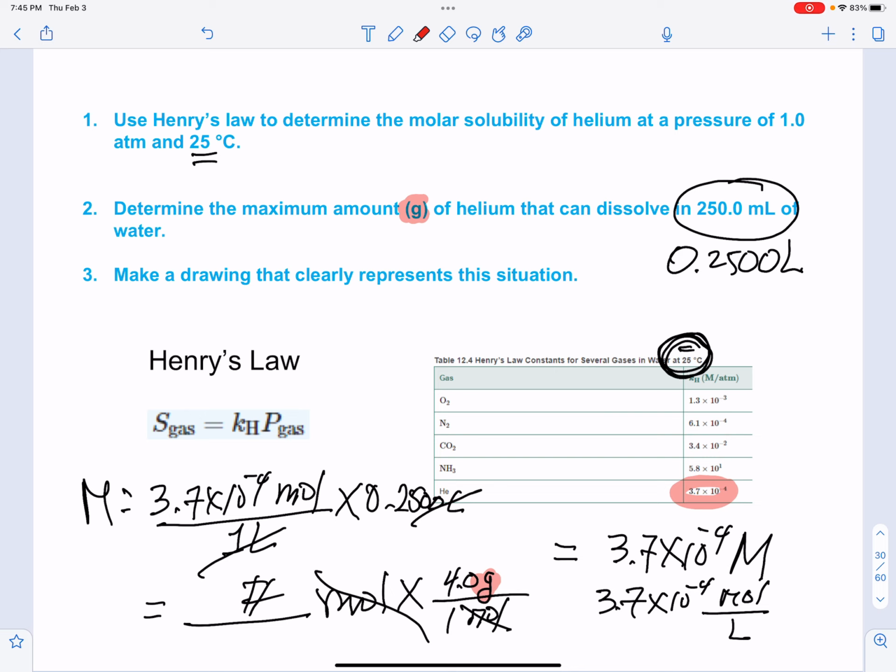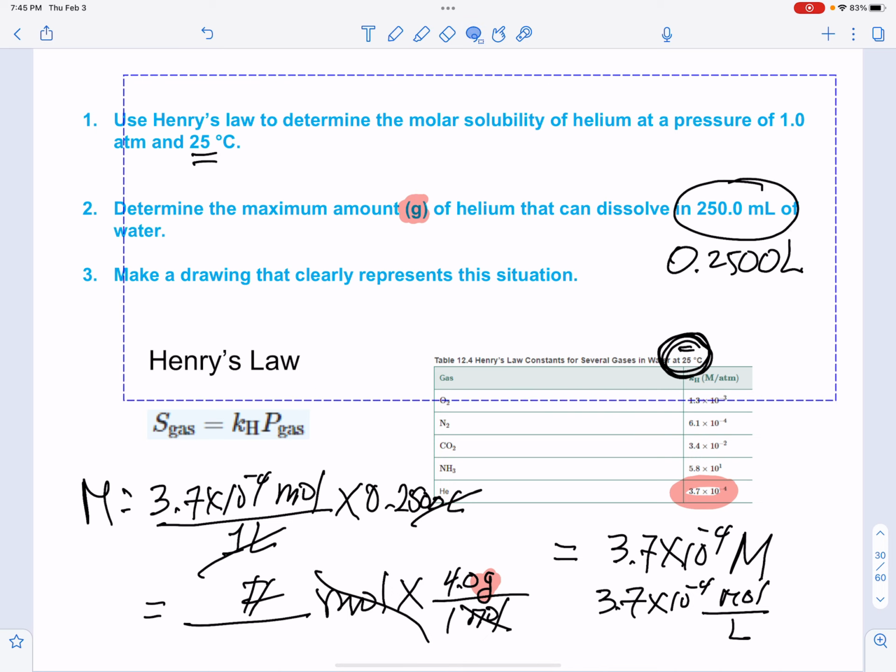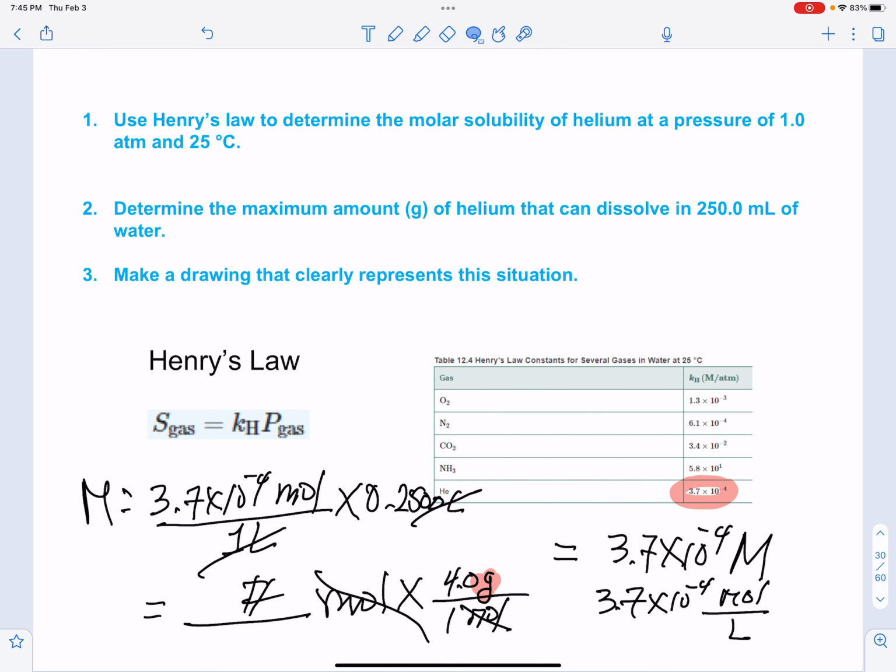Make a drawing that clearly represents this situation. So, typical question on one of my tests. Can you show me? Make a drawing that clearly represents this.